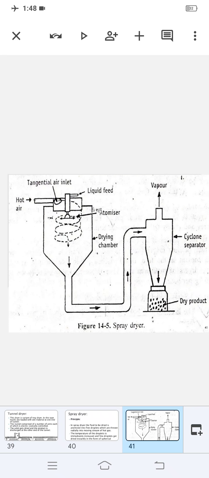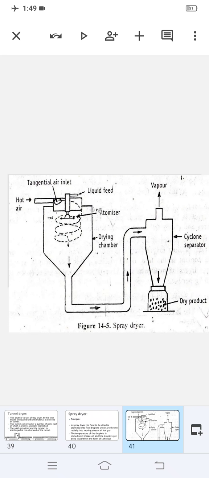The feed is introduced through the atomizer, either by gravity or by using a pump, that is, with the help of external pressure, to form fine droplets. The properties of the final product depend upon the droplet form, so the selection of the type of atomizer is important. Atomizers are of various types, like pneumatic atomizer, pressure nozzle atomizer, and spinning disc atomizer. It depends upon the type of the product.